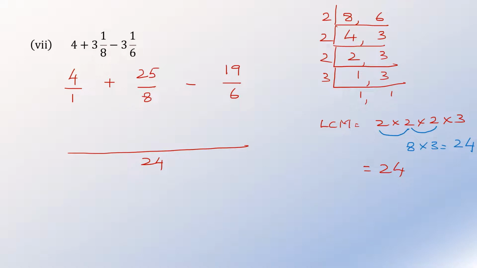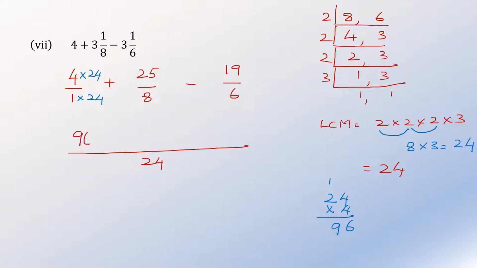So let's start. 1 into 24 is 24. So 4 into 24. What is it? Let's multiply. 24 into 4. 4 4s are 16, carry 1. 4 2s are 8 plus 1, 9. Got 96.